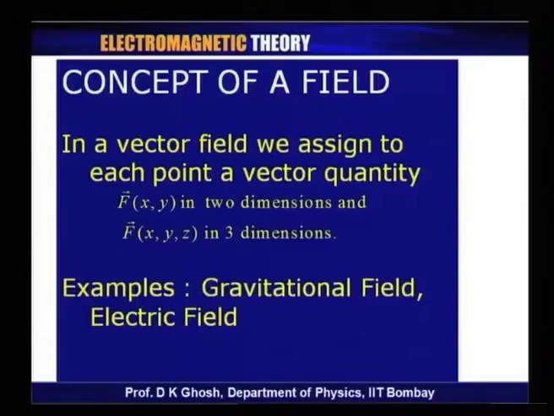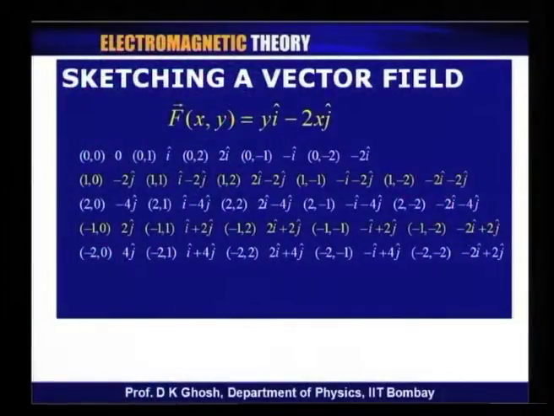So, as we said, a scalar field is a number associated with every point. It is very easy. What we could do is, for example, take a graph paper and wherever we want we can associate a number, we can write down. But since a vector field has both magnitude and direction, it can be very nicely and graphically sketched.